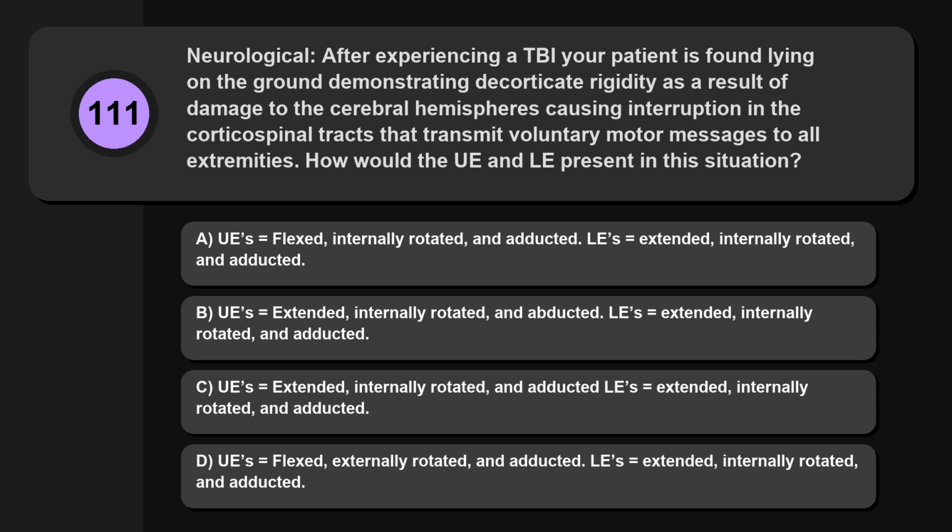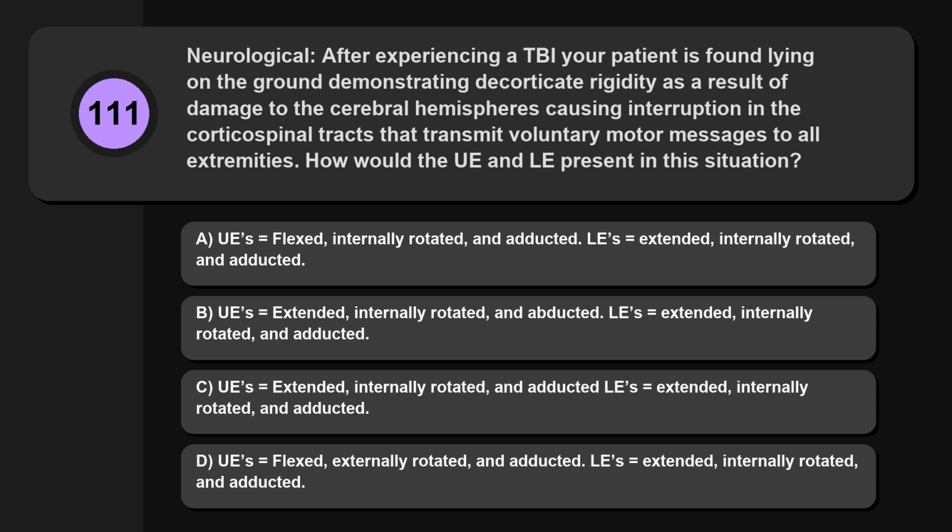Question 111. Neurological. After experiencing a TBI, your patient is found lying on the ground demonstrating decorticate rigidity as a result of damage to the cerebral hemispheres causing interruption in the corticospinal tracts that transmit voluntary motor messages to all extremities. How would the UE and LE present in this situation? Option A. UEs equals flexed, internally rotated, and adducted. LEs equals extended, internally rotated, and adducted.